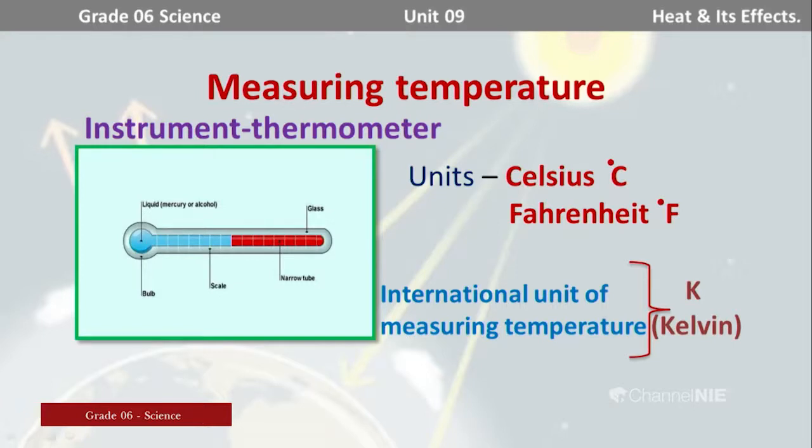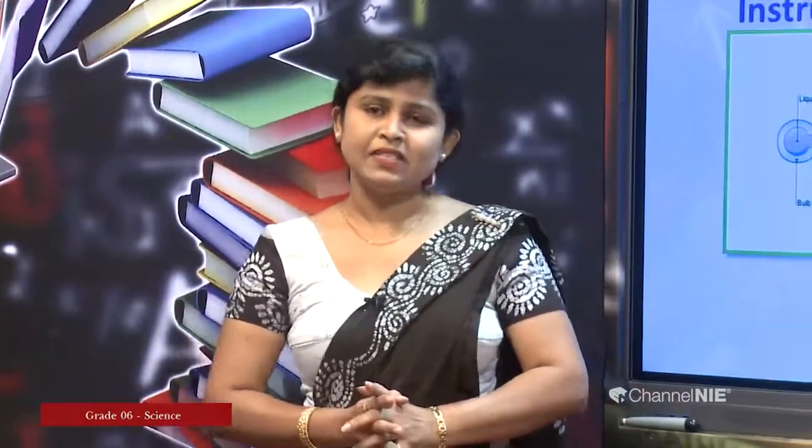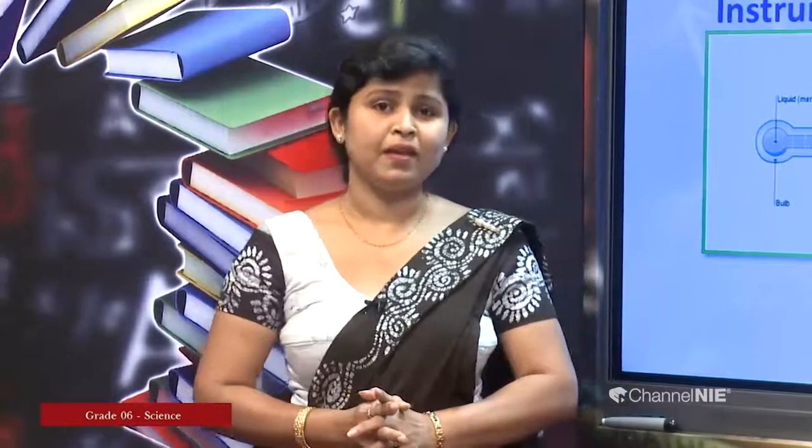So, the thermometers in which the mercury is contained are called mercury thermometers and the thermometers in which the alcohol is contained are called alcohol thermometers. Okay children, now I have got two types of thermometers to show you, right? You may have seen these thermometers in the lab and you may have used them in the school.